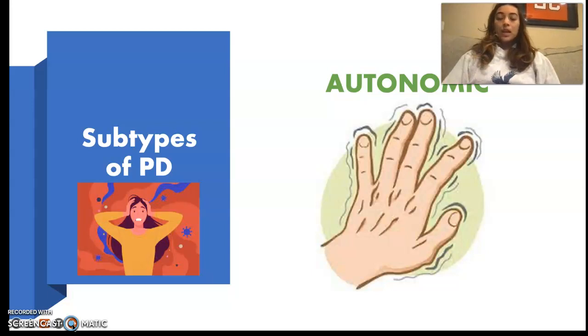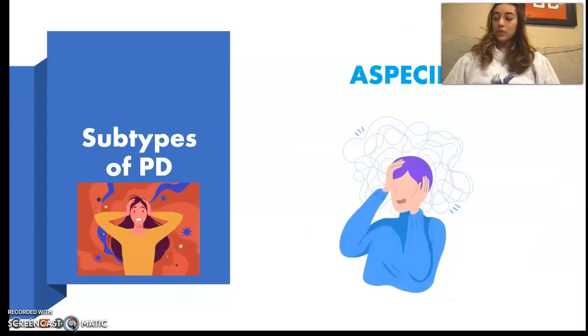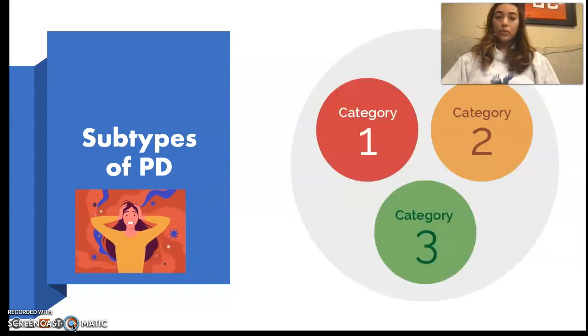This can involve numbness, wobbliness, trembling, or being unable to physically relax. The third subtype is just aspecific, which is exactly what it sounds like. So, to review, there are 3 different subtypes of panic disorder, which are cognitive, autonomic, and aspecific.